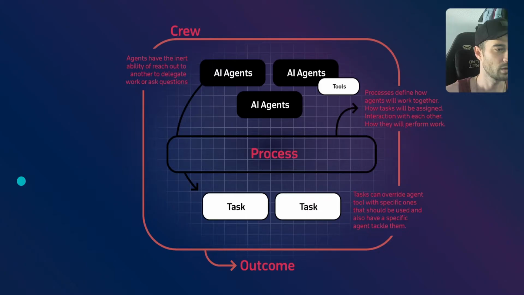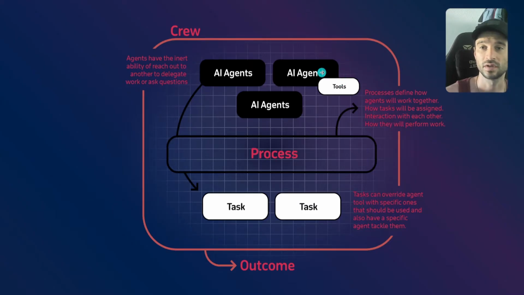Now that we know what an AI agent is, let's have a look at a framework called CrewAI. It's a framework for orchestrating multiple AI agents. As we know, we have the agents that are goal-oriented with a specific background in mind.